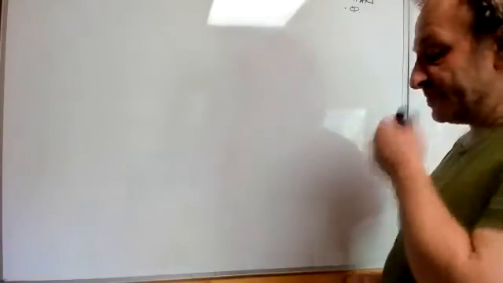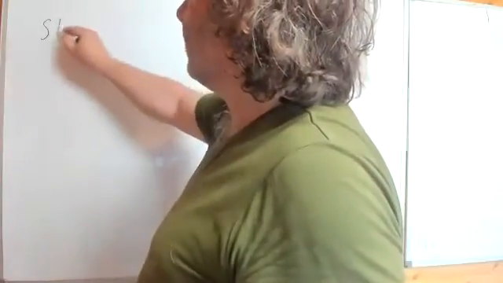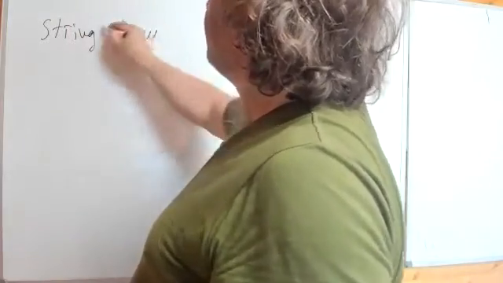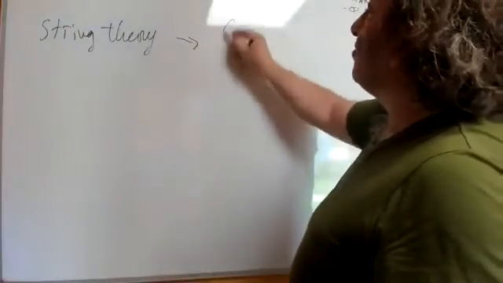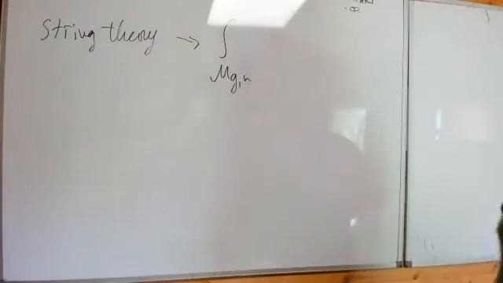So first, motivation. Motivation is like this. Suppose we have kind of a string theory. In string theory, we have an integral over M_{g,n}. It doesn't look like a field theory.